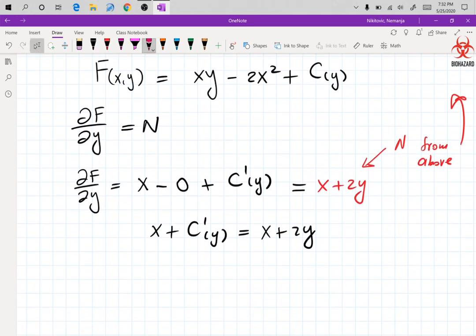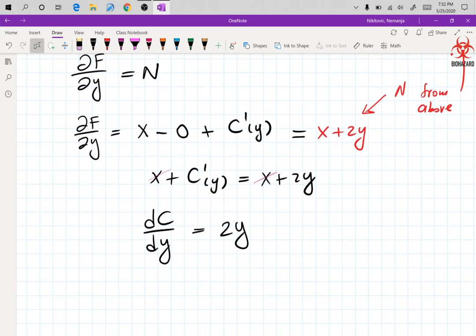So now, when the x's drop, you get the equation, right? And now you can do this like a pro. This is the derivative of c with respect to y, which is equal to 2y. That's this equation.